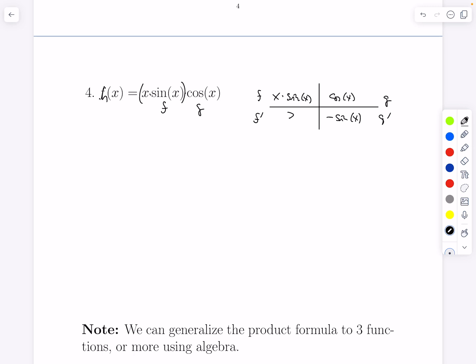But here we run into a little problem. But now we see this is x times sine x. Well, for that we can use our usual product rule again. Yeah. So we make a little aside.